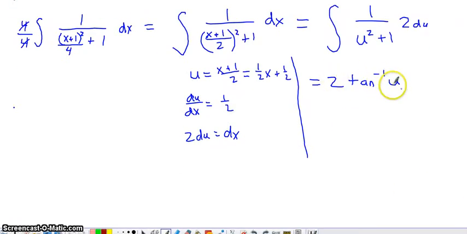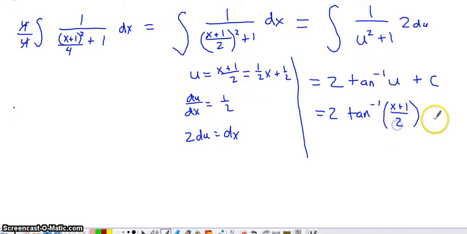So we're finally to the point where we apply that. We do have to tack on our plus c. Last thing to do would be to back substitute, and we want to toss something that involves x back in place of u. Well, what's u equal? x plus 1 over 2. So 2 inverse tangent of x plus 1 over 2 plus c is the antiderivative of what we started with.